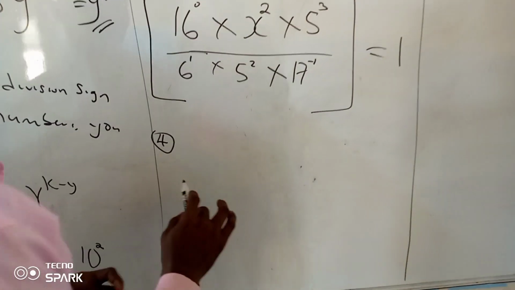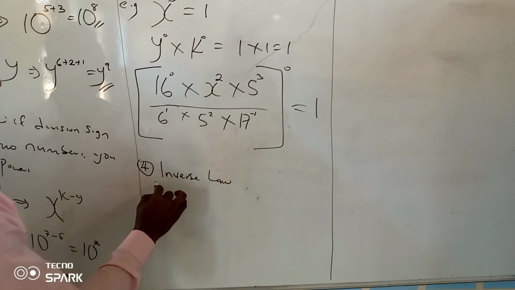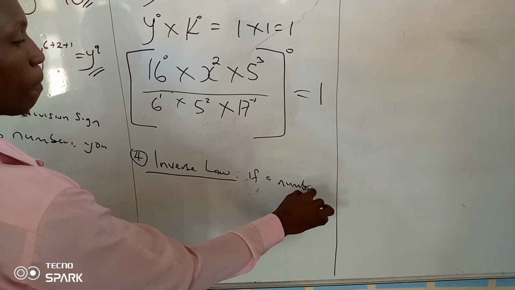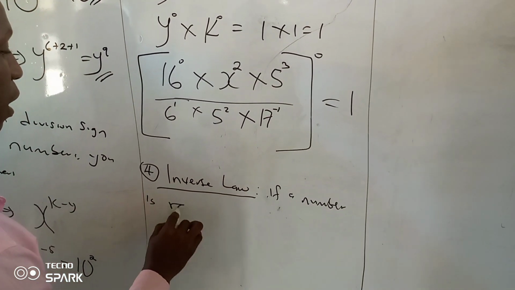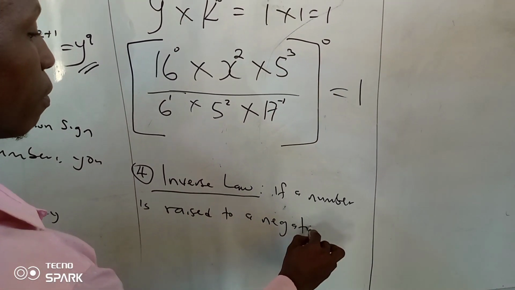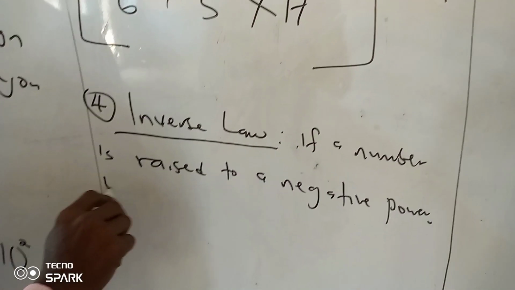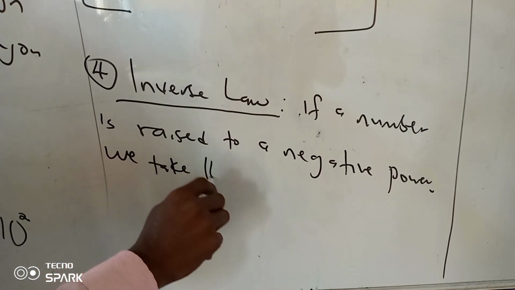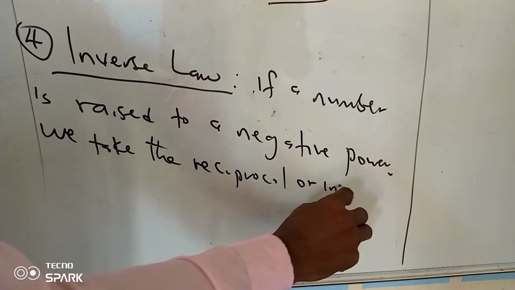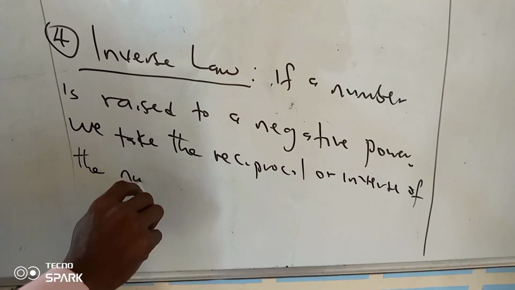The fourth law we're looking at is the inverse law. Now, if a number is raised to a negative power, we take the reciprocal or inverse of the number.